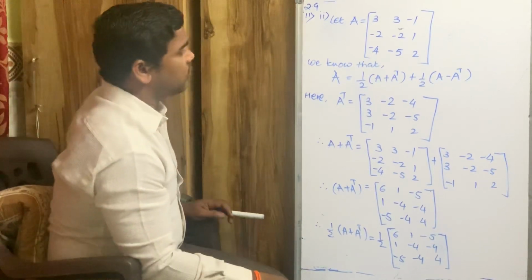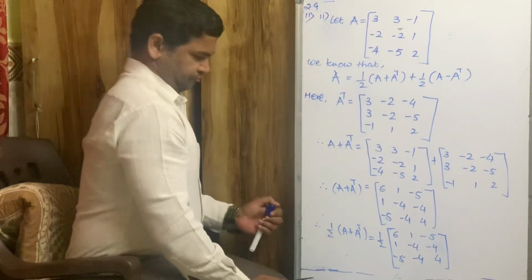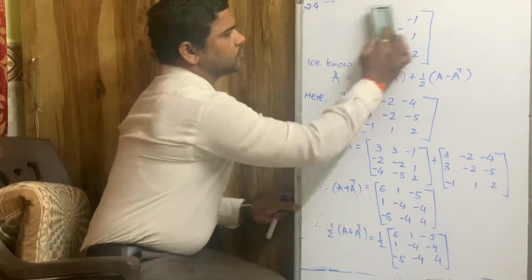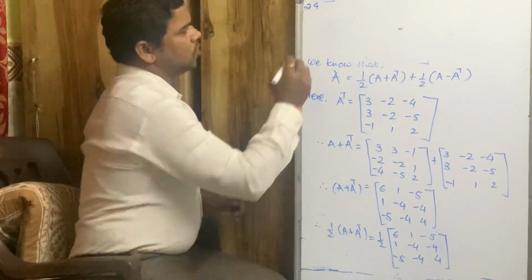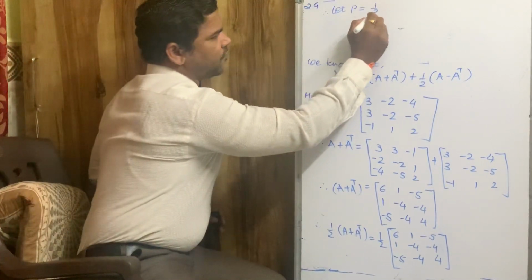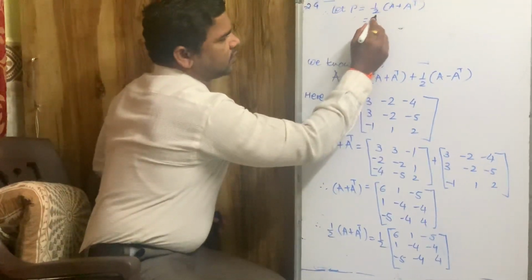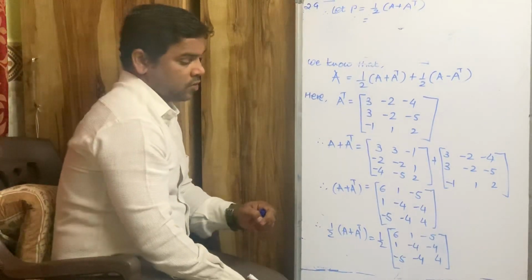So where should I write? Let me write here. So therefore let P is equal to half A plus A transpose. That is nothing but, if you multiply by half, what you will get?